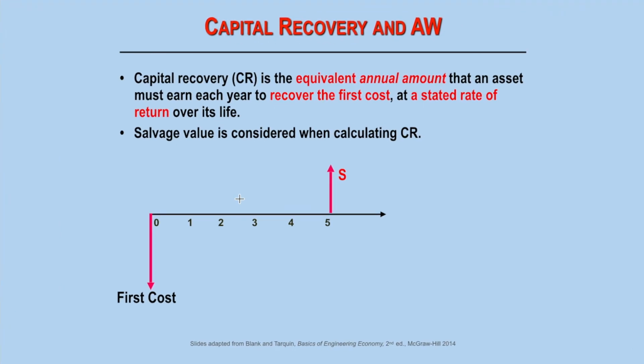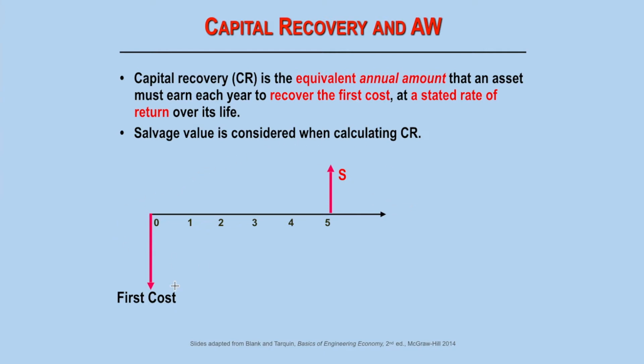Now let's see how annual worth is used in a capital recovery analysis. Capital recovery is the annual amount that an asset must generate every year in order to recover the first cost at a stated rate of return over its lifetime. As an example, take a look at this cash flow diagram of an asset.